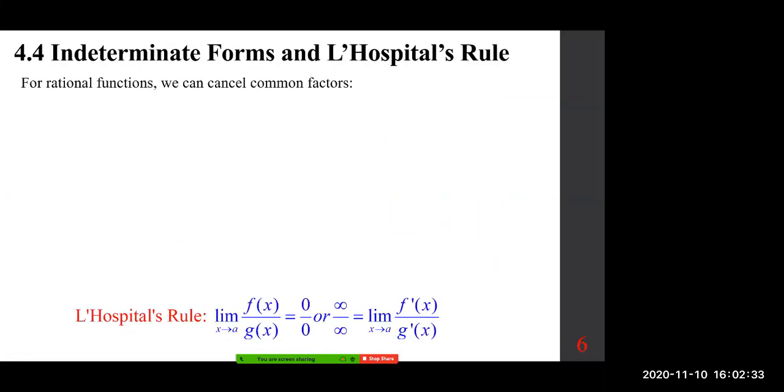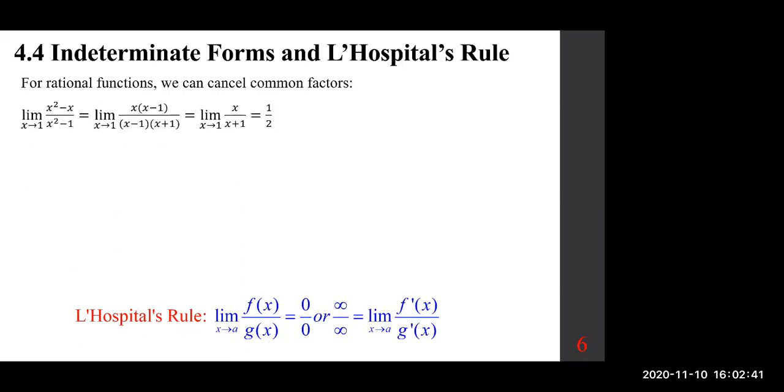Having said that, the idea is that there's a struggle when you look at the top and the bottom as x approaches a specific number. In some cases, we can use different techniques we have used. For example, factoring did the job here.